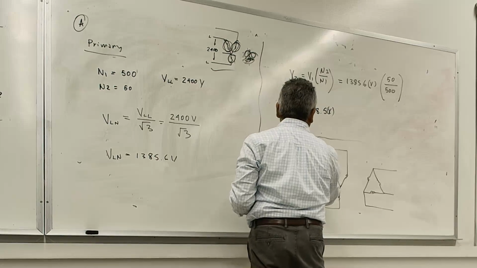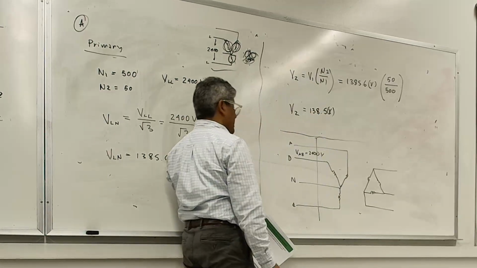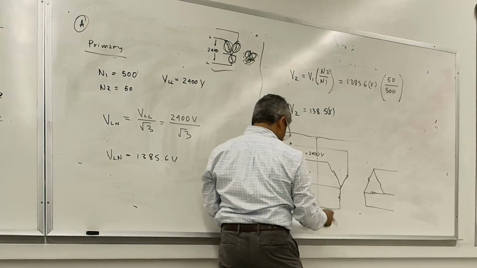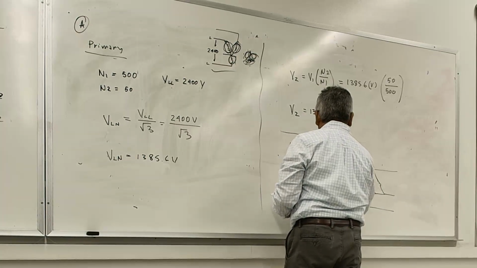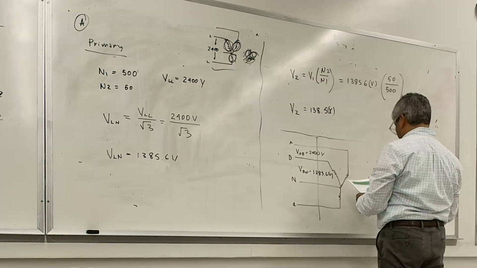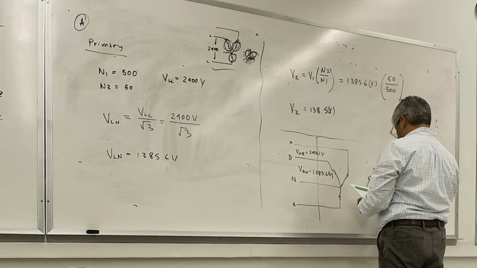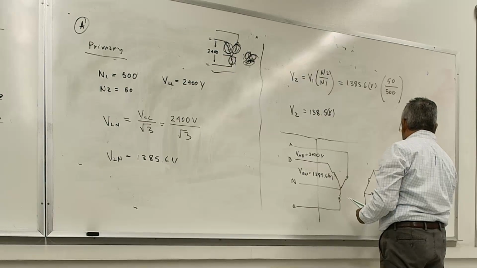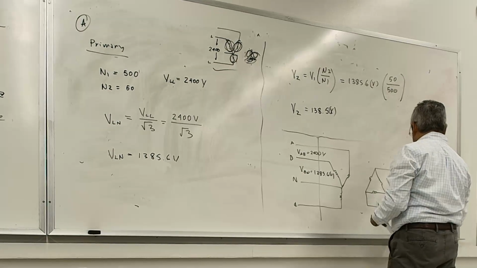V A to B magnitude is equal to 2,400 volts, and V to neutral magnitude in this case is 1,385.6 volts. Now I go to my secondary side, where I have three voltages: A, B, and C. My voltage A to B magnitude is equal to 138.56 volts.